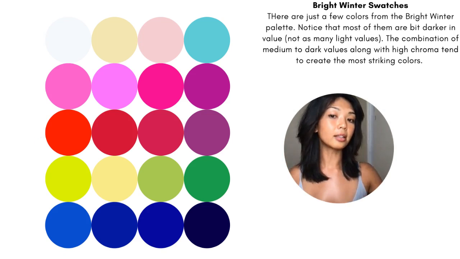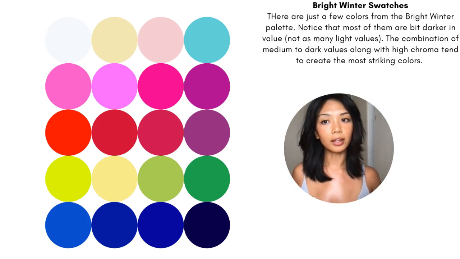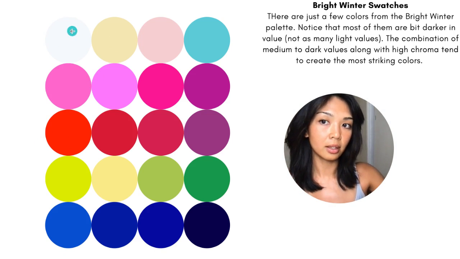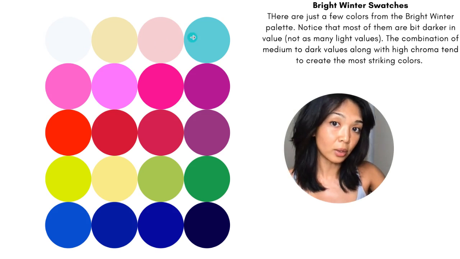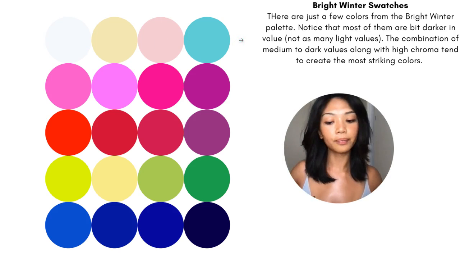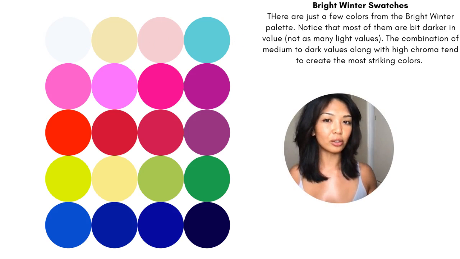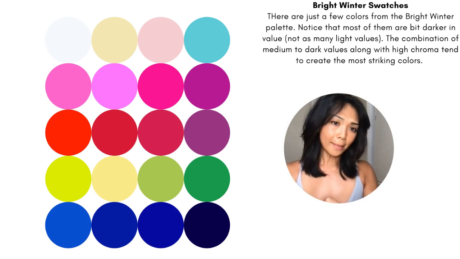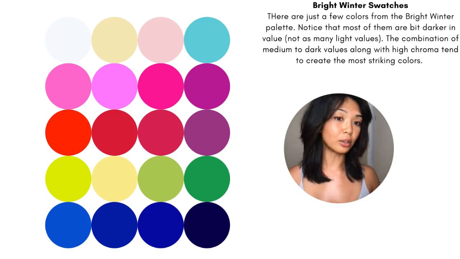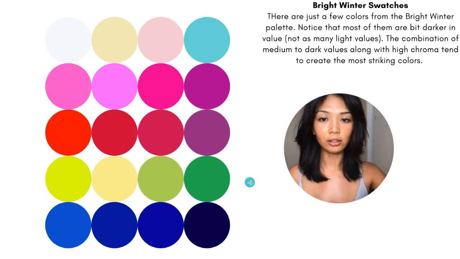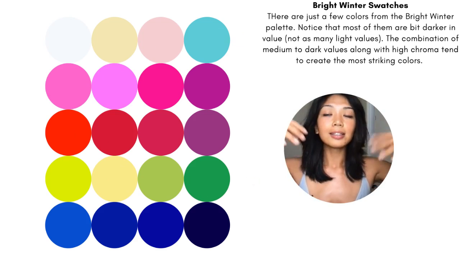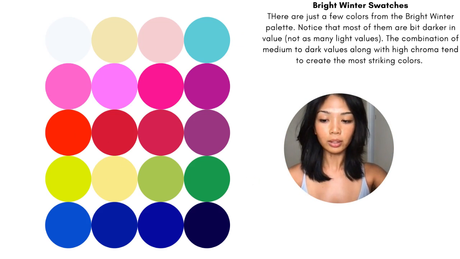You'll see that most of the colors are medium to dark in value, not too many of these lighter or white value colors that are a little bit more pastel-like, icy or frosty. They just don't have that same impact as these medium and dark value shades that just really sing on the bright winter beauties.